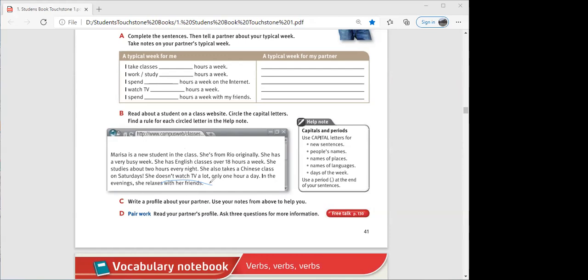Just some of the same words almost. Remember hours. Every night. Termina en night. She also takes a Chinese class on Saturdays. Yes, great.